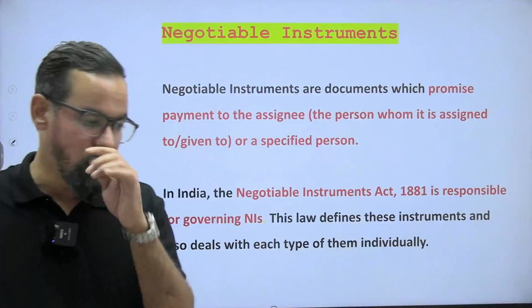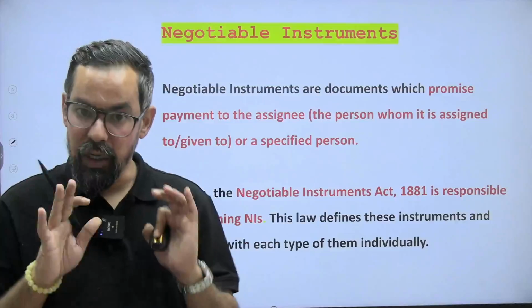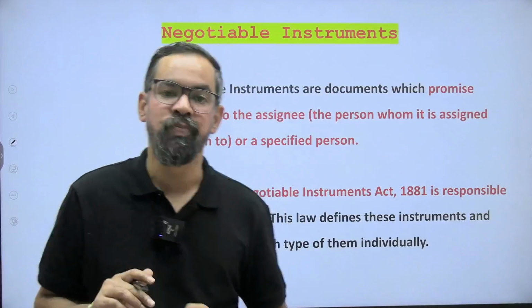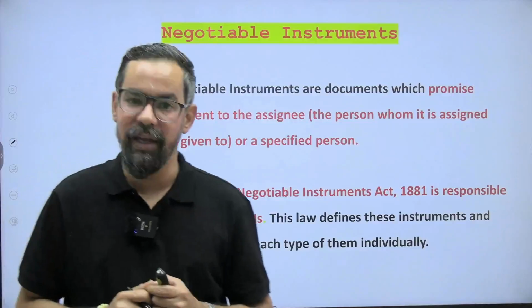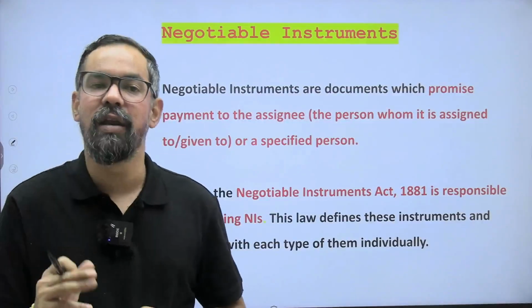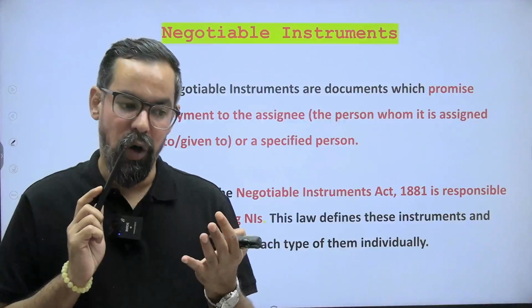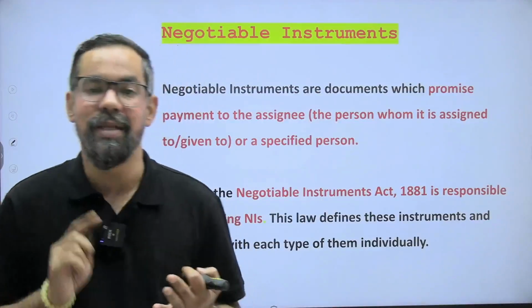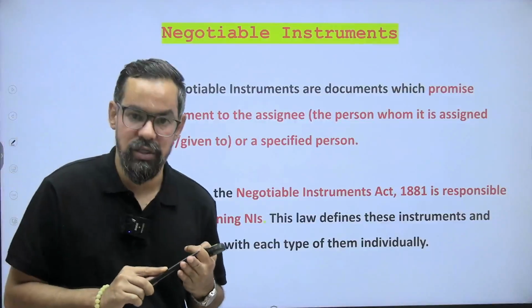So when it comes to bill of exchange, it is a negotiable instrument which is defined under section 5 of the Negotiable Instruments Act 1881. We have three major instruments: your promissory note, section 4, bill of exchange, section 5, and section 6 is your check, right?